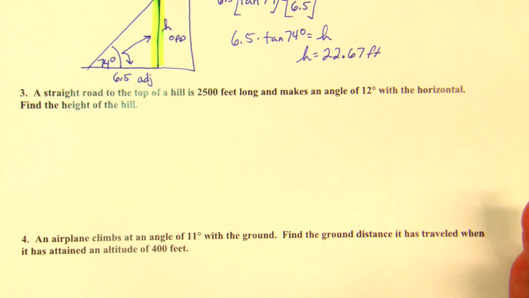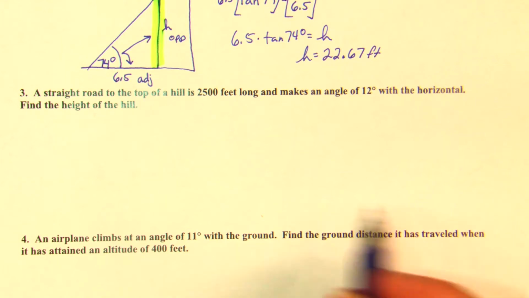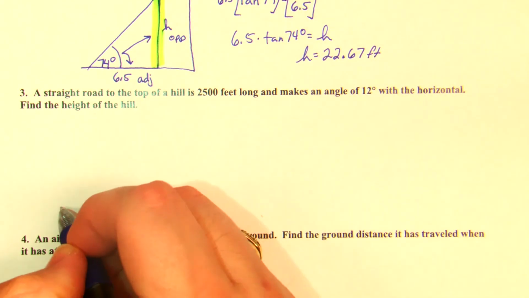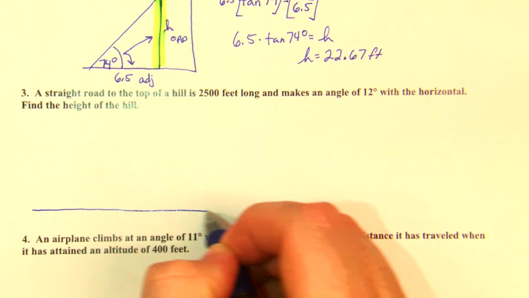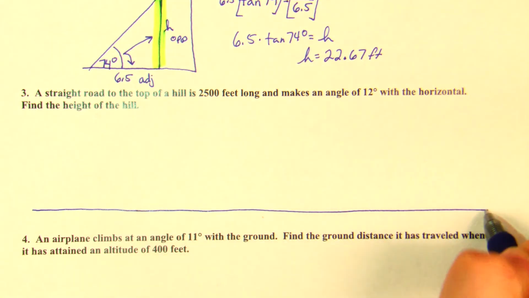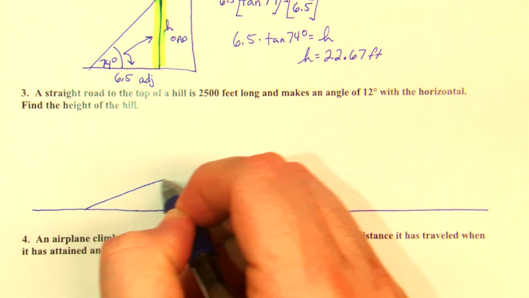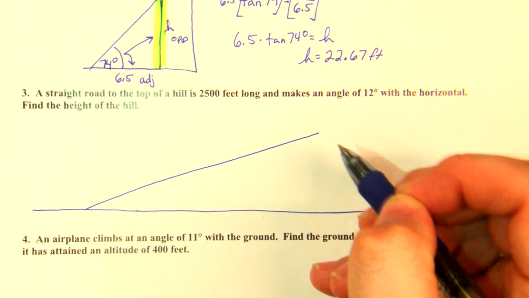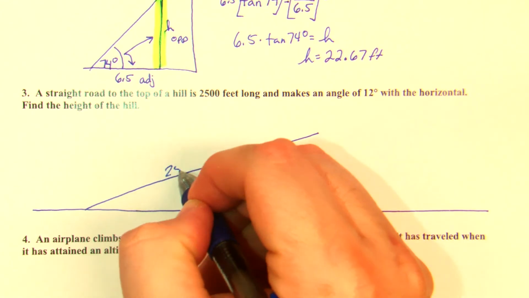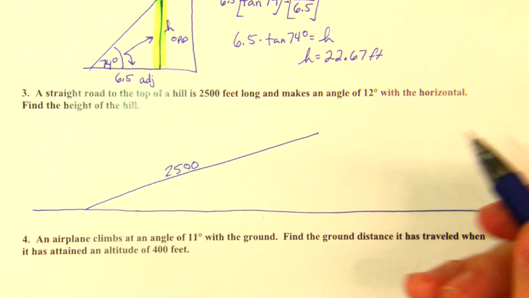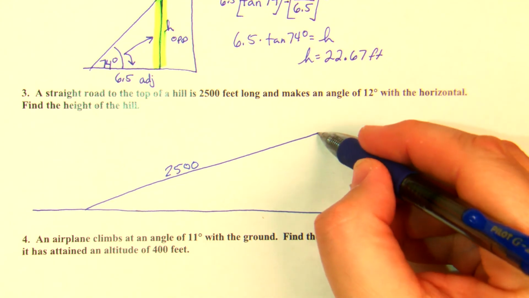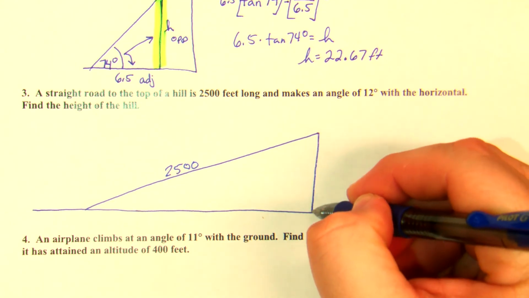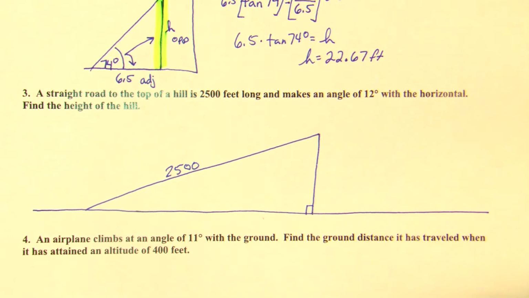All right, a straight road to the top of a hill is 2,500 feet long. So I'm going to draw a horizontal, and I'm going to draw a straight road to the top of the hill. That's 2,500 feet long. It says it makes an angle of 12 degrees.